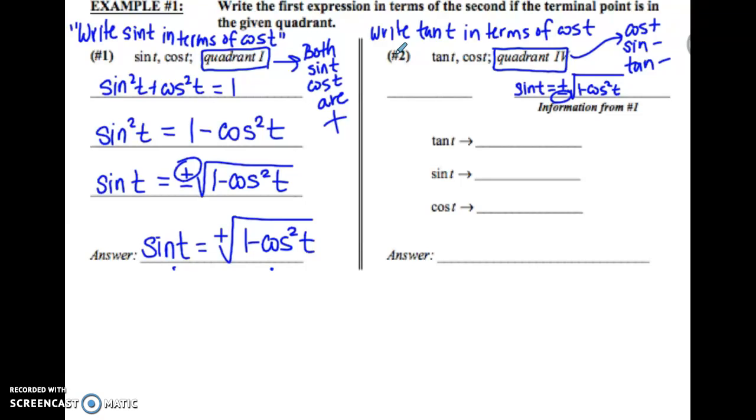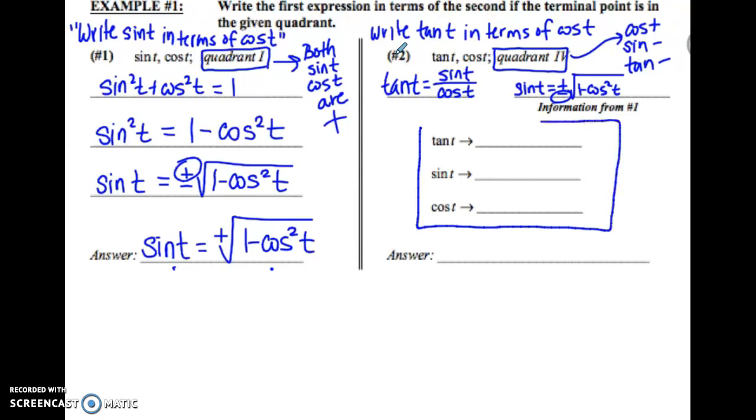And then the other thing that I'm going to do is I'm going to write right here that tangent of t is equal to sine of t divided by cosine of t, okay? So that makes this process pretty easy for me. Basically, I'm going to jump right down to the answer. We're going to come back to this in just a moment.